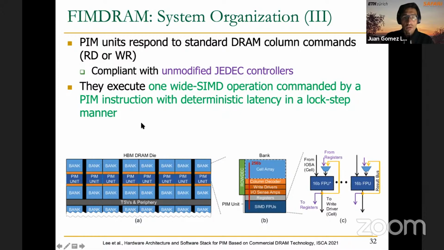And another important thing is that this wide SIMD operation is commanded by a PIM instruction and is executed with deterministic latency in a lockstep manner. Remember that this is a SIMD unit. It has 16 of these FPUs, and whatever we execute inside these 16 FPUs makes progress in lockstep.